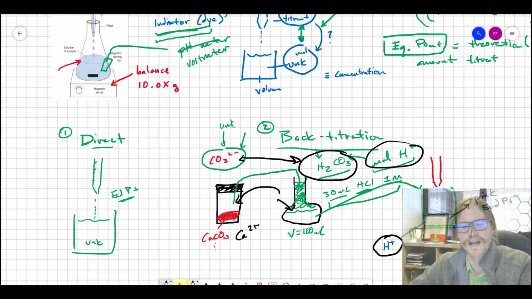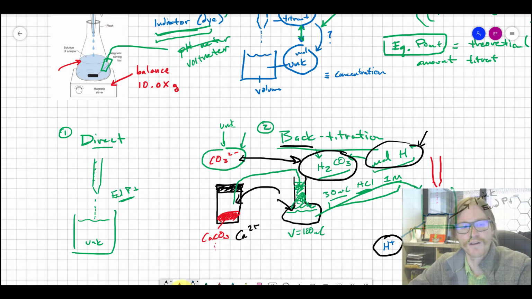So that's the process. A back titration is called that because you're not titrating the unknown specifically, you're actually just titrating the excess of either strong acid or base that was originally used to neutralize. And by knowing exactly how much of that strong acid we put in there, and titrating just the excess, then whatever was left over, we can relate to what was in the original unknown.